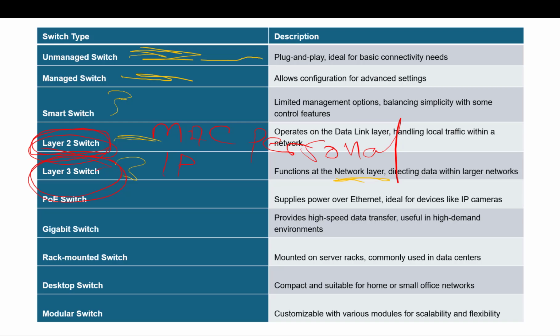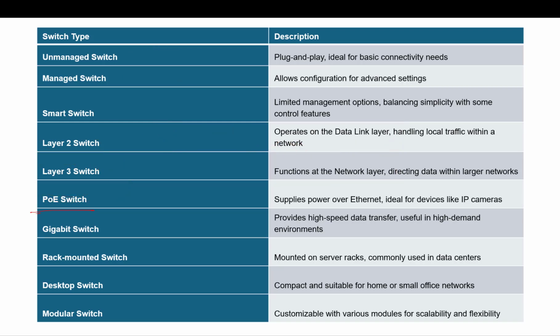So we go back, we look at the PoE switch, right? This is a power over Ethernet switch. This is not like the unmanaged switch, smart switch, layer 2 switch, layer 3 switch. These ones need current, you need to plug them in. You understand, they need to get current through the switch before it comes on.